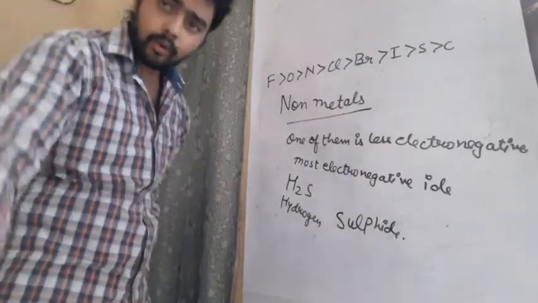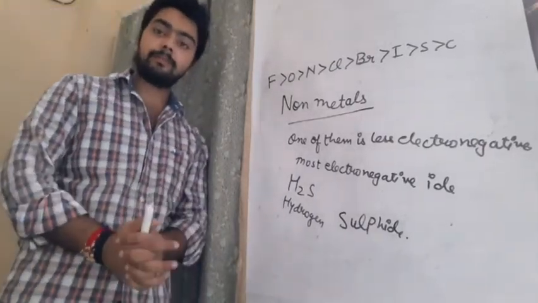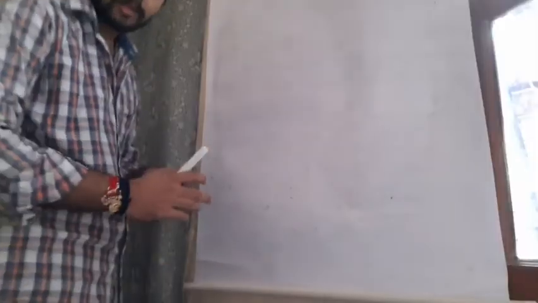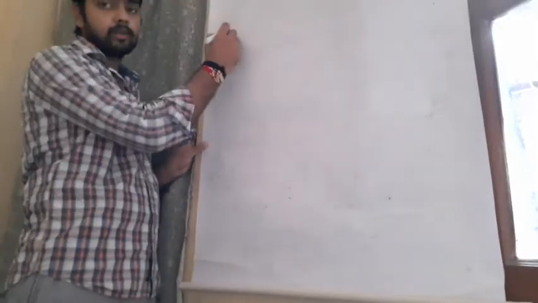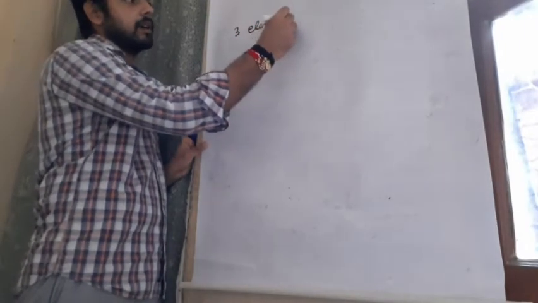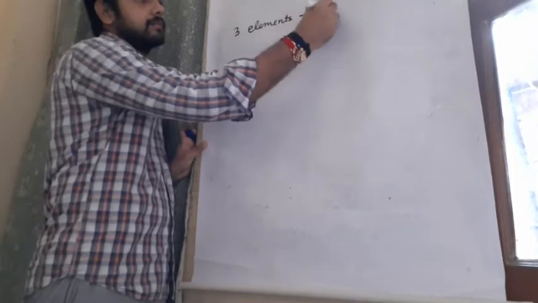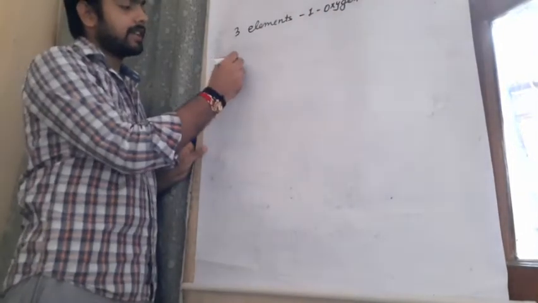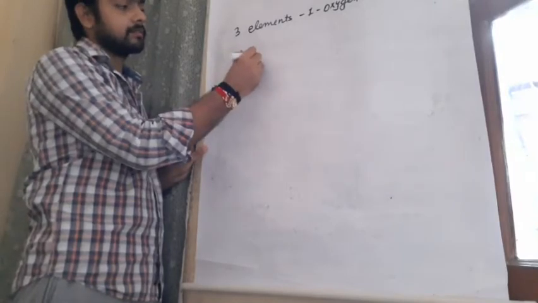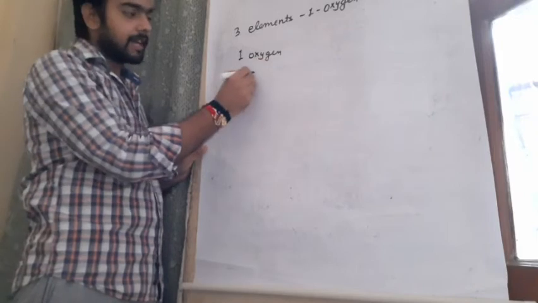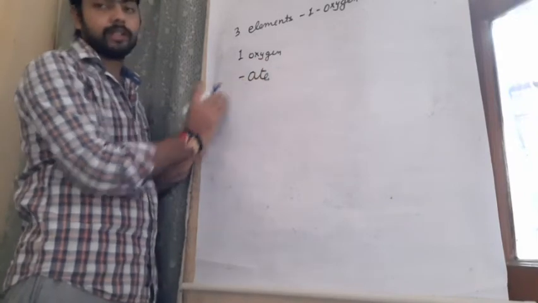The next one which we are going to talk about is when we have three elements and one of them is oxygen. If it has only one oxygen, then along with its normal name we add ATE to it.